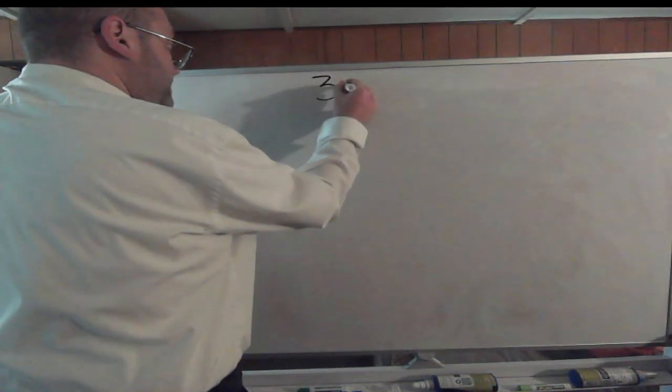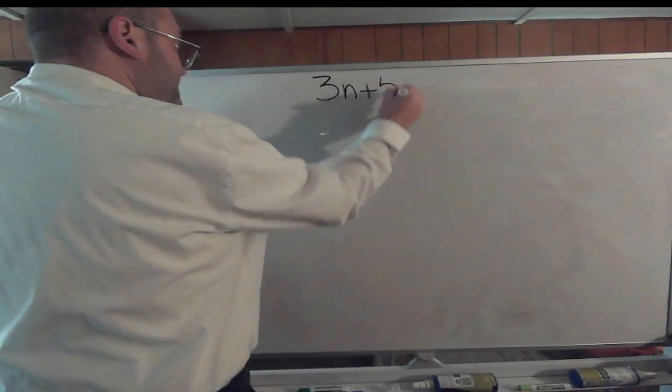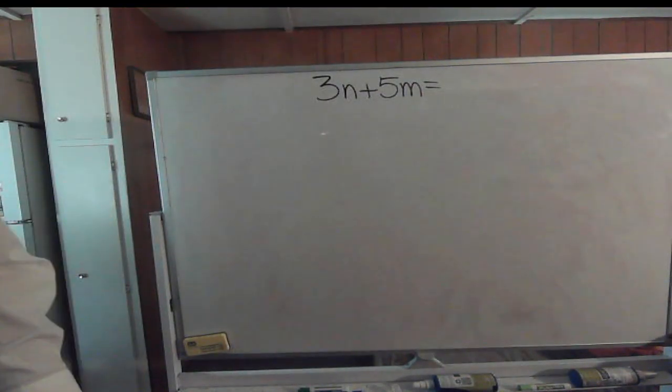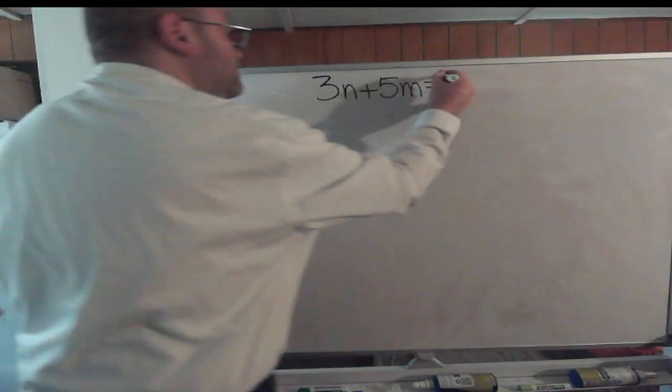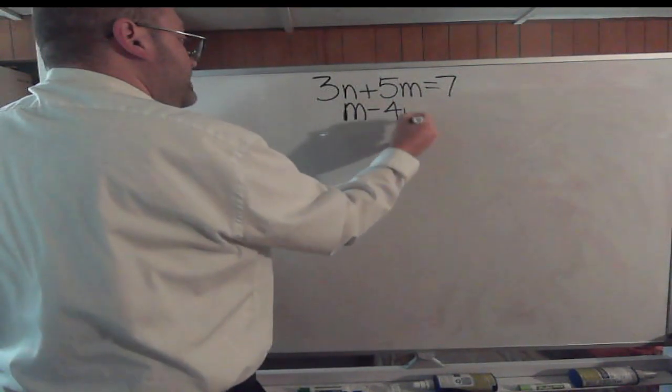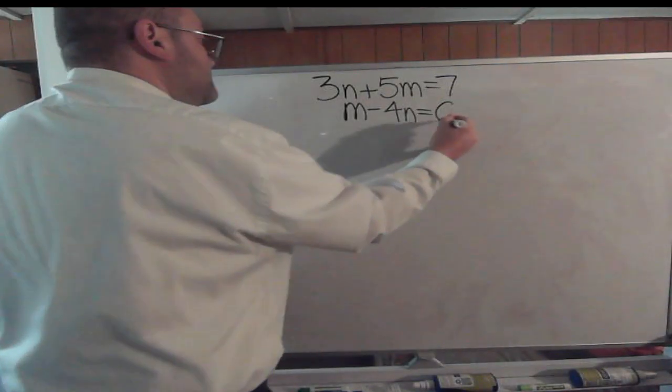We got 3n plus 5m equal to 7. Then we have m minus 4n equals 6.